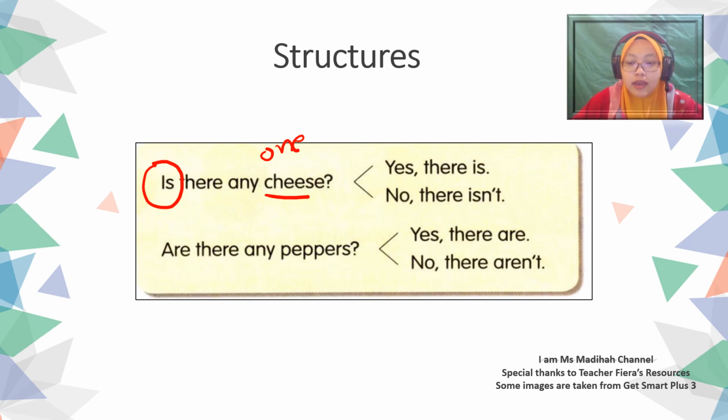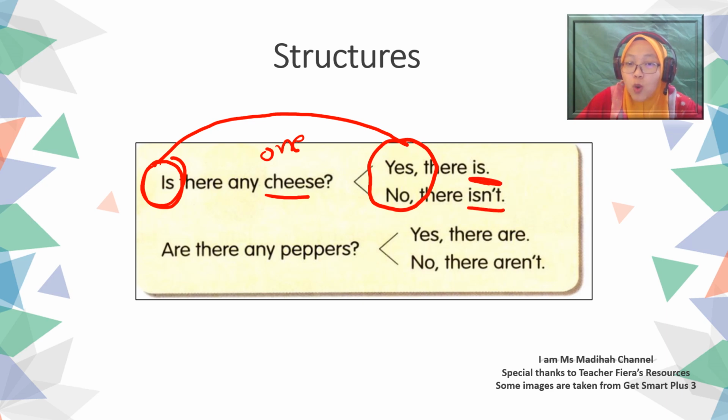Okay, and if it is uncountable, is there any sugar? Is there any salt? Is there any flour? So you use is, and whenever you use is, depending on your yes and your no. If yes, yes, there is. If no, no, there isn't.